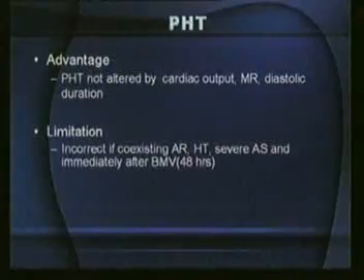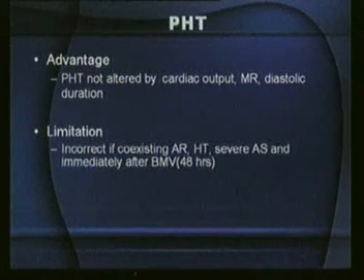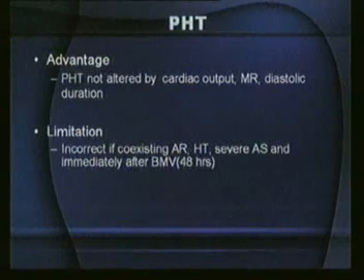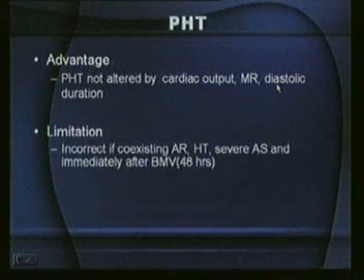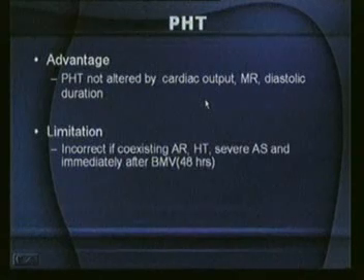Advantages: PHT is not altered by cardiac output, that's important, or mitral regurgitation, or the duration of the diastole, right? Just as the gradients are, the gradient will be affected if the diastolic duration is long, or if there is a decreased cardiac output, then the gradients will be falsely low. All right.